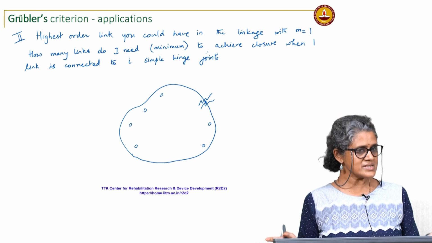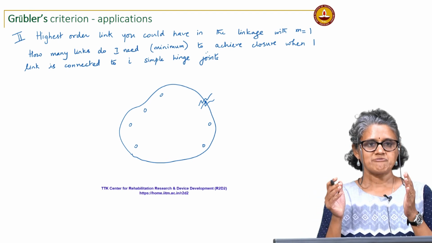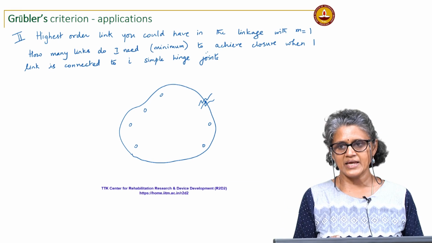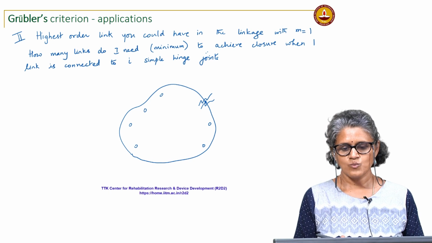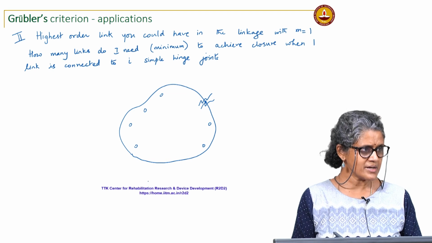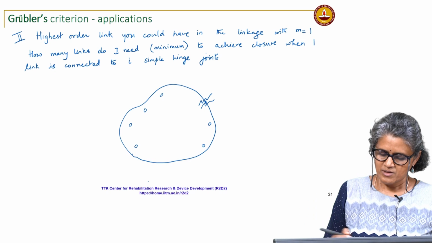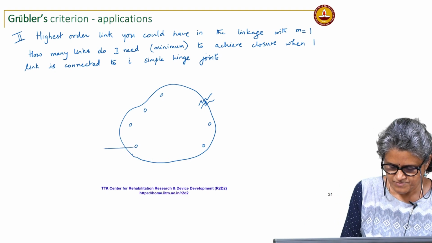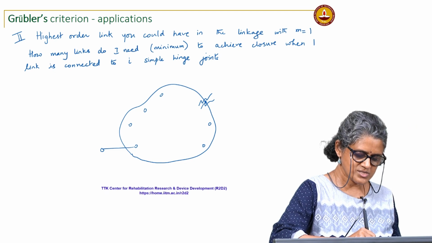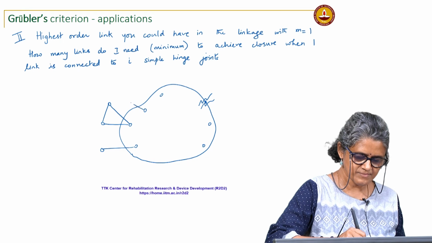How do I make a mechanism out of this? Basically, I am looking for a closed kinematic chain. If I have one link which has I nodes, what is the minimum number of links I would need in order to achieve a closed chain? So, let us start off with connecting these to each of the I nodes to links.